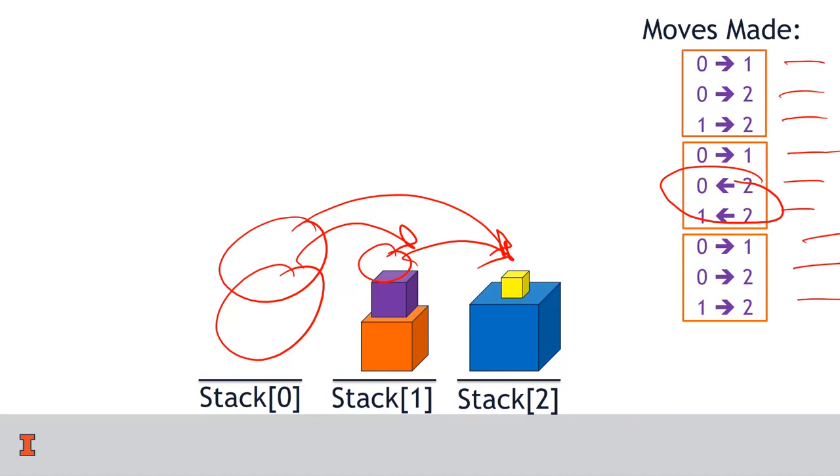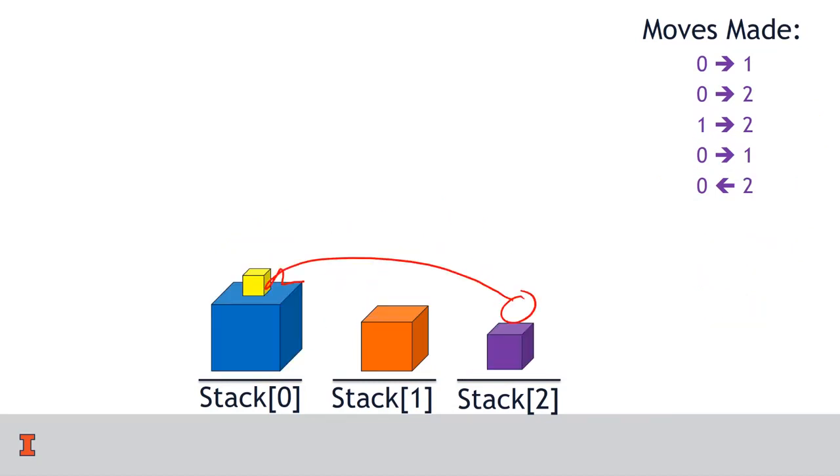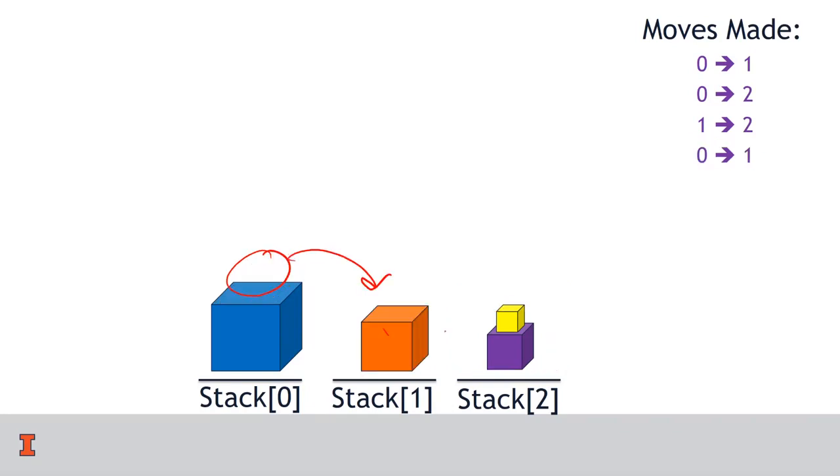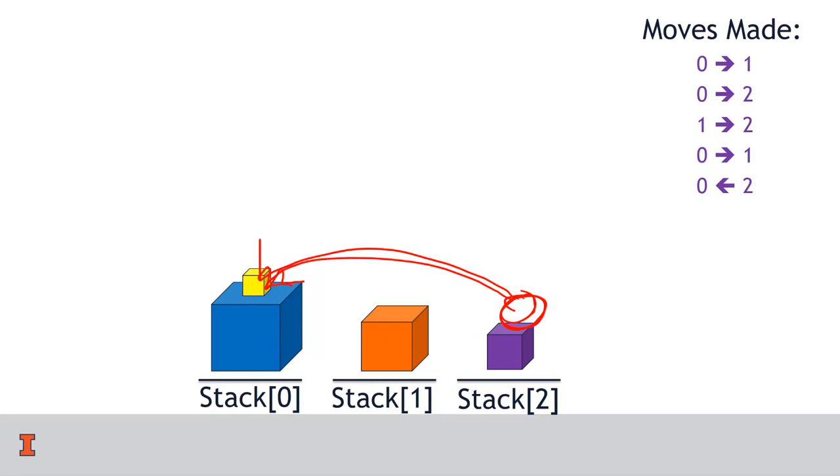So let's go back to this fourth move. Here we just moved the orange cube from stack 0 and moved it to stack 1. So 0 to 1. And the next thing we're going to do is we're going to move stack 0 to stack 2. So we know this is 0 to 2. But that's not what we did.